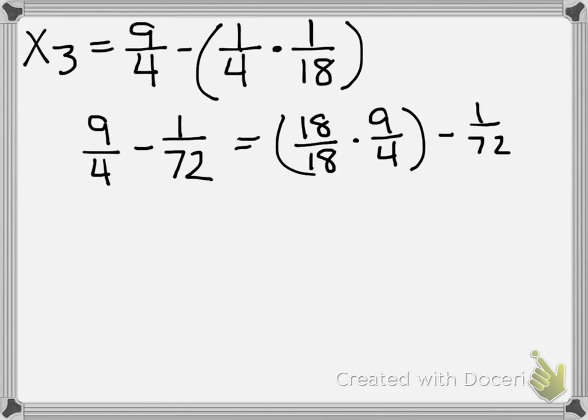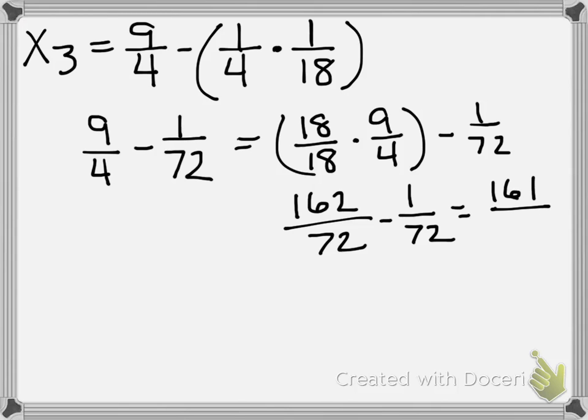So that should give us 162 over 72 minus 1 over 72, and that's going to give us 161 over 72. So this one should be our x3.